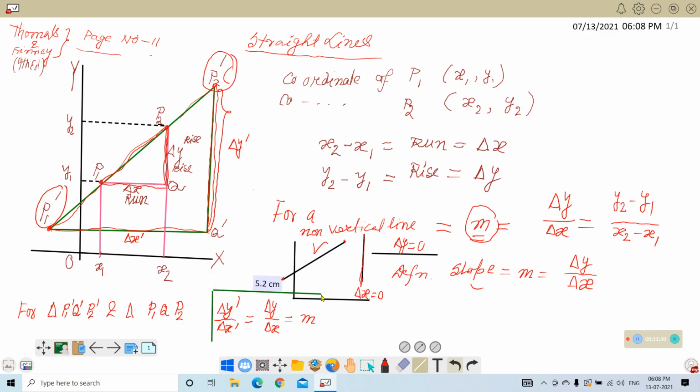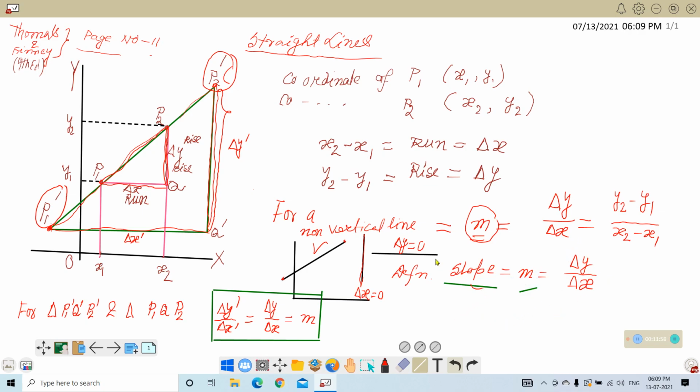This mathematical expression says that the slope of a line is always the same. Slope means m, and m is equal to delta y by delta x.